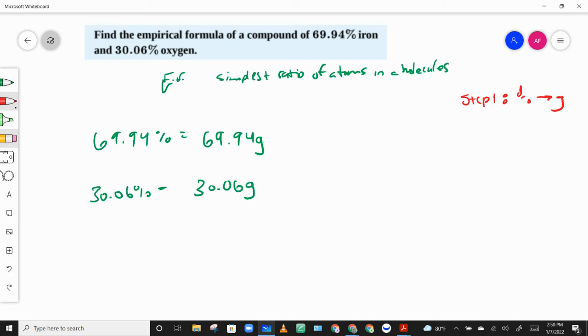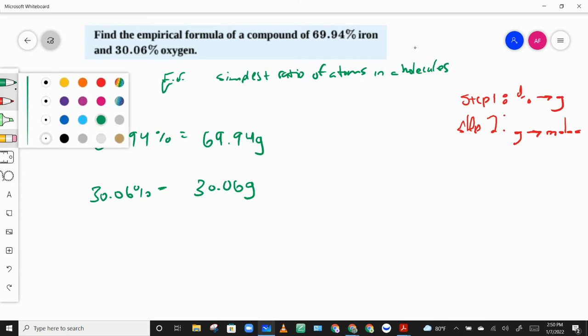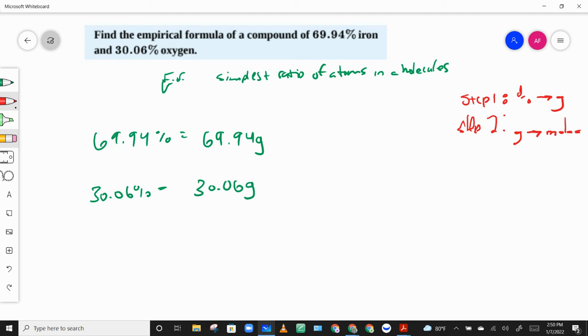Okay. So step 2 is take the grams and convert them to moles. We convert from grams to moles using the molar mass.